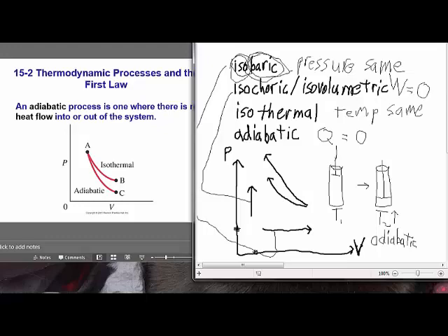So at least for the beginning part of this process, it's adiabatic. But over time, if it's not well insulated, it's going to lose heat energy since it's hotter than the surroundings. And if it goes back to its original temperature T1, now we can call it an isothermal process.